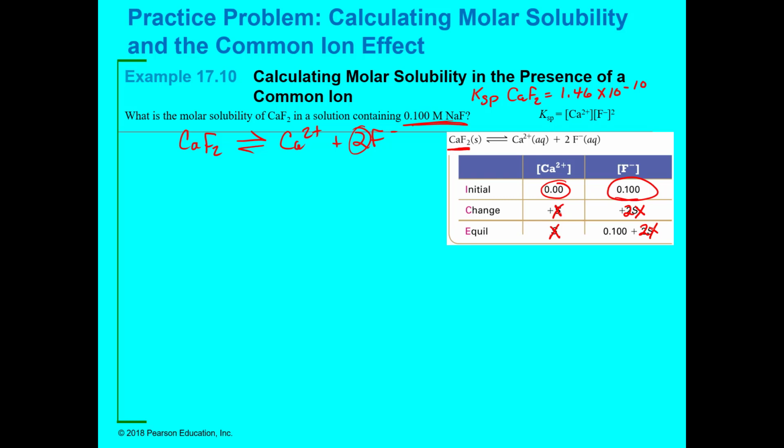Now, I've already seen that my Ksp is 10 to the minus 10, which is super small, so I'm not going to have to worry about that 2X. So when I put this in, my Ksp, which is 1.46 times 10 to the minus 10, is going to be equal to the Ca2+ times the F minus squared.